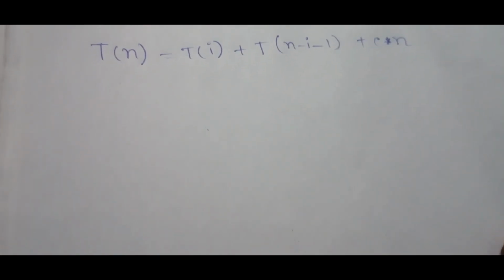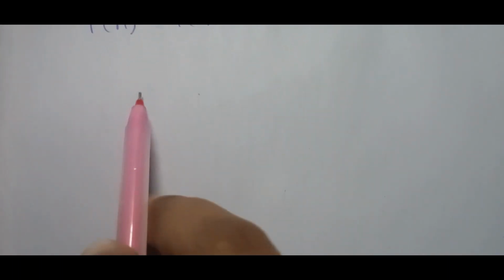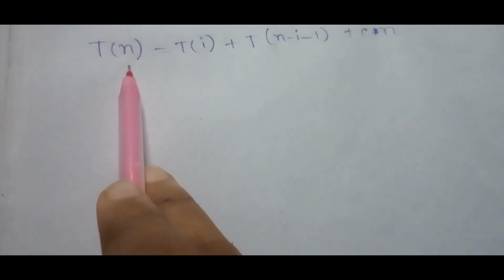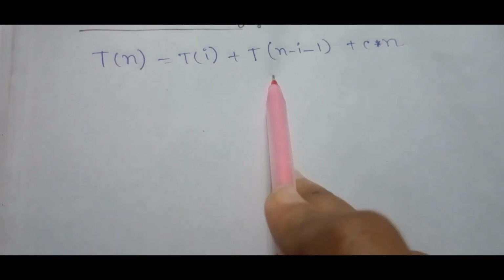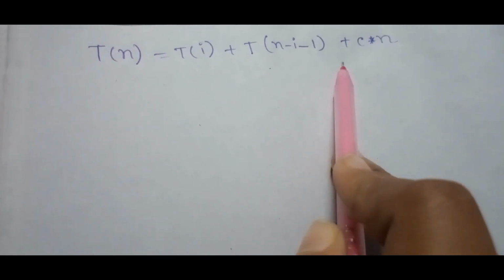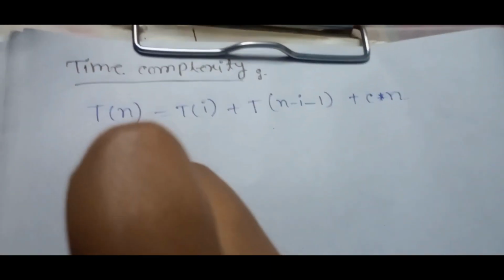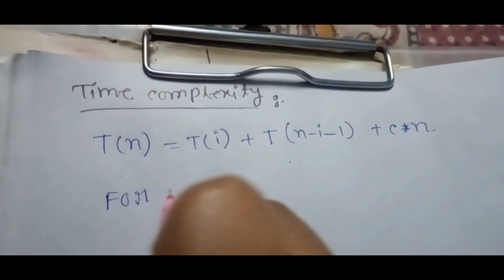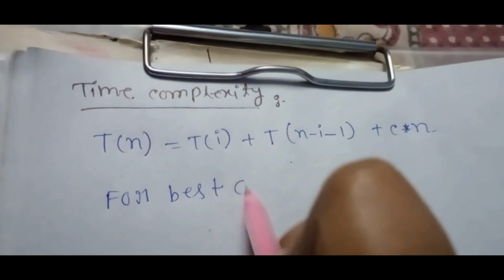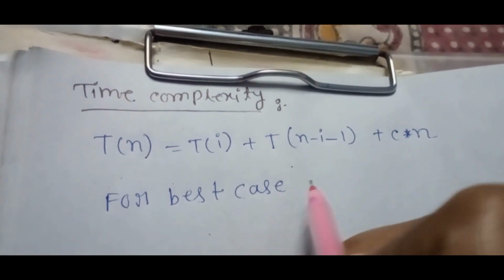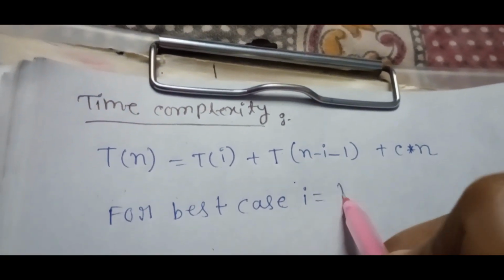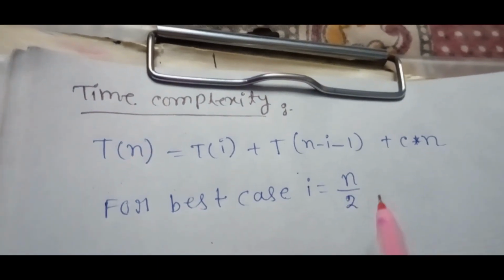For quick sort, we know that T(n) is equal to T(i) plus T(n minus i minus 1) plus C multiply n. For the best case, i is equal to n by 2.